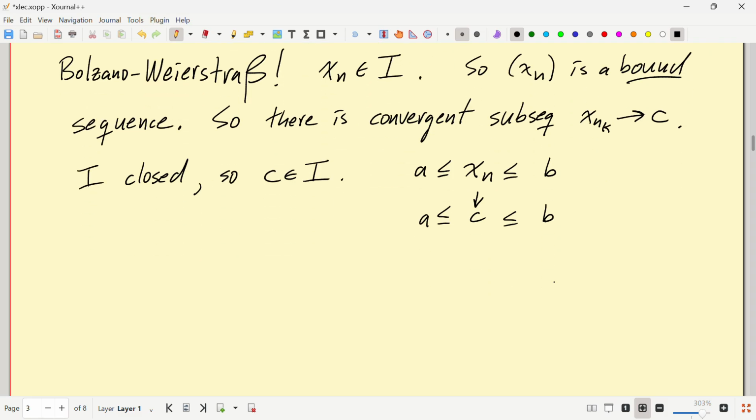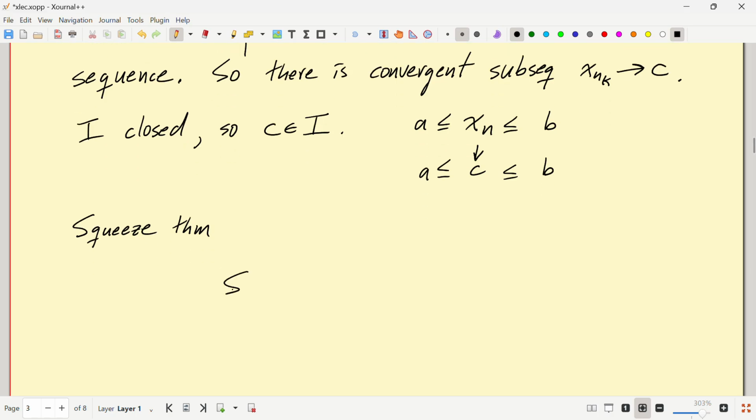Okay, and now we can do the squeeze theorem. I would have S minus 1 over n_k is less than f of x_{n_k}, less than or equal to S.